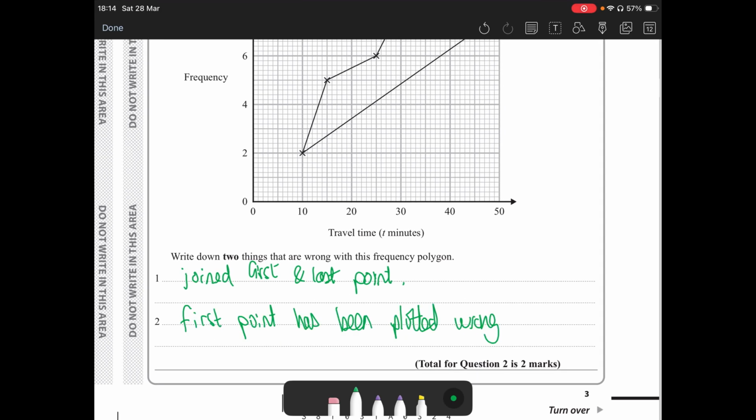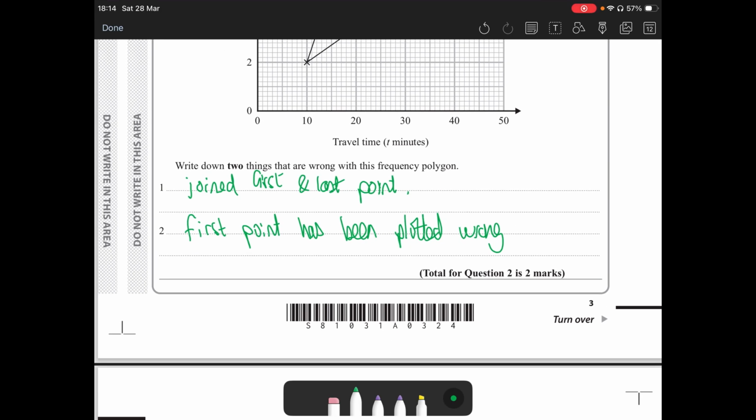So let's be a bit more technical here, because they may not know what you mean. Actually, I would improve the second bullet point. I'm looking at the mark scheme, and you want to be extra safe.